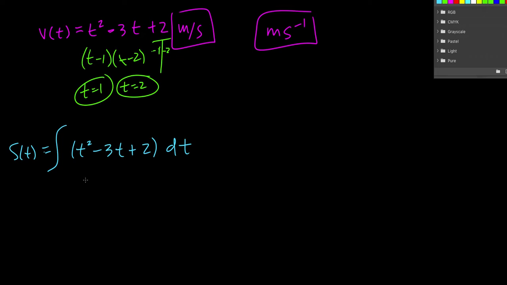So we take the antiderivative: t cubed over 3 minus 3t squared divided by 2 plus 2t plus c.